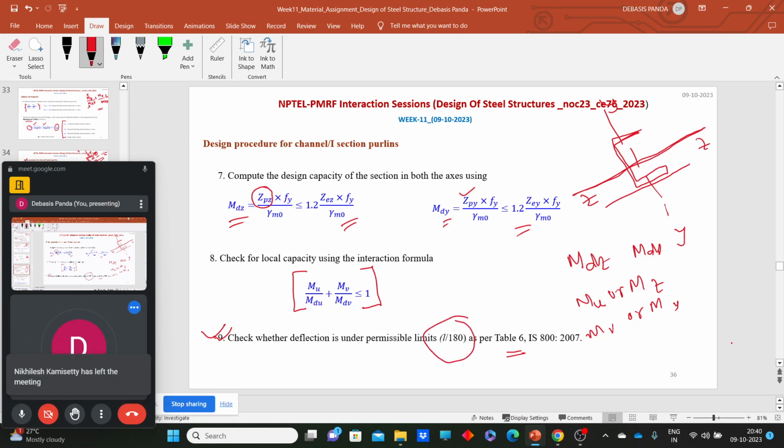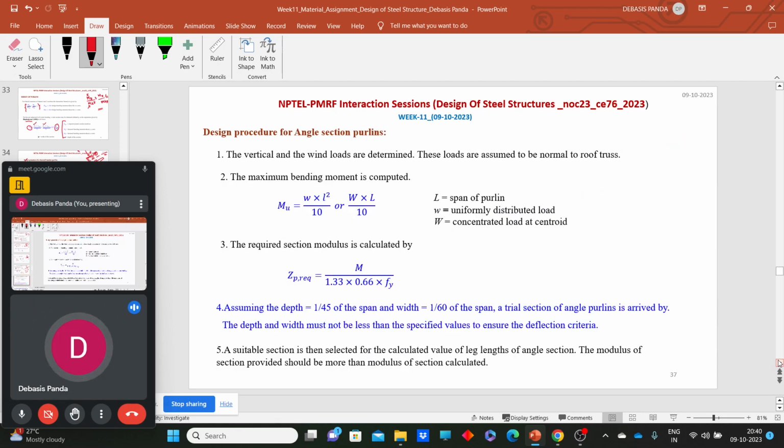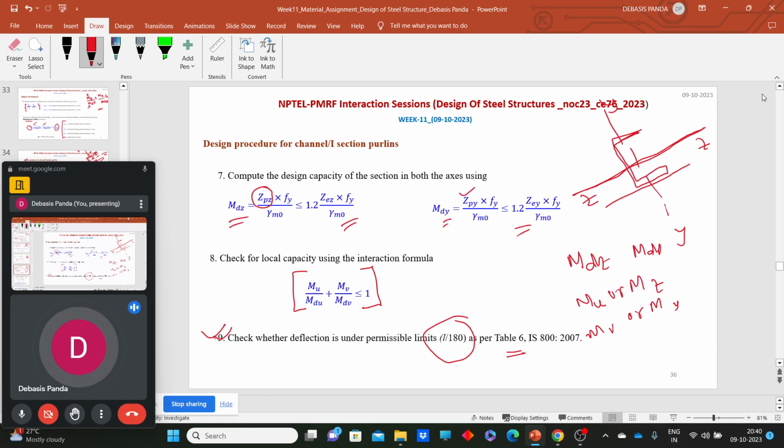If the section we have selected for designing the purlin passes all the checks, then we can say that the I or channel section we have selected is suitable for designing the purlin. So this is the design procedure of purlins when I and channel sections are used.